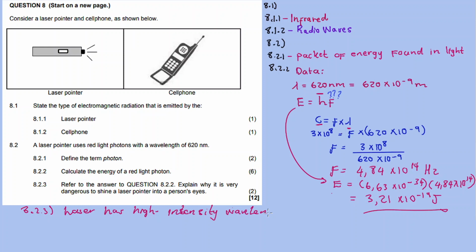and it can damage eye tissues. Why do I say that? Eye tissues are very sensitive, and a laser pointer has high intensity, meaning it carries a lot of energy, and can damage eye tissues.